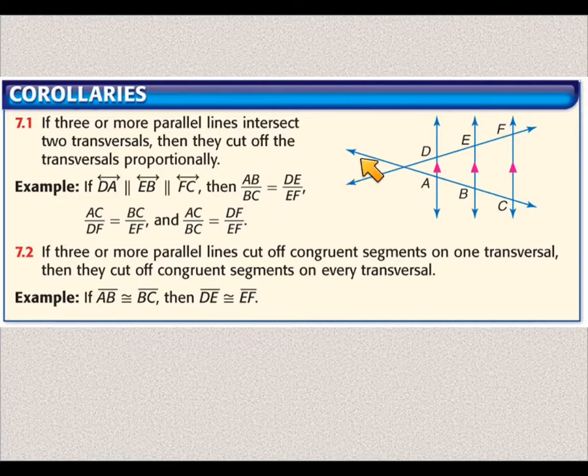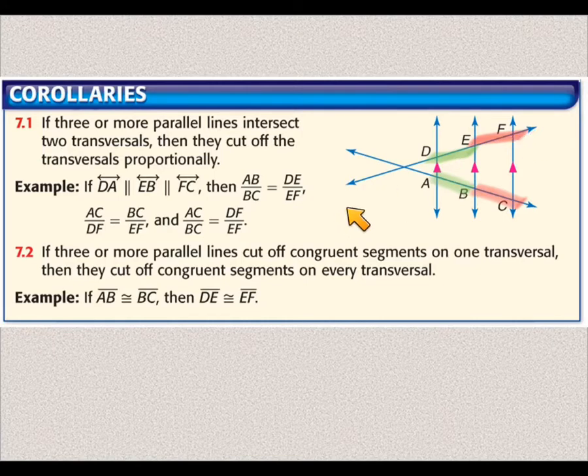Then they cut them proportionally, meaning that AB over BC, so this piece over this piece, is equal to this piece over this one. If you have 3 parallel lines and 2 lines that cut them, it cuts them proportionally. Green over red is equal to green over red. AB over BC, DE over EF.